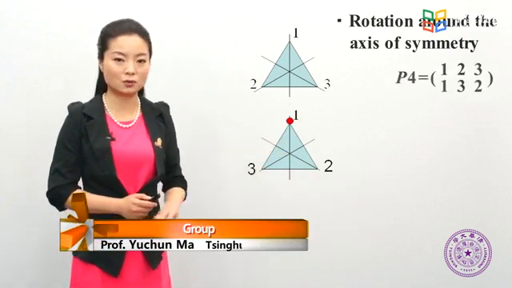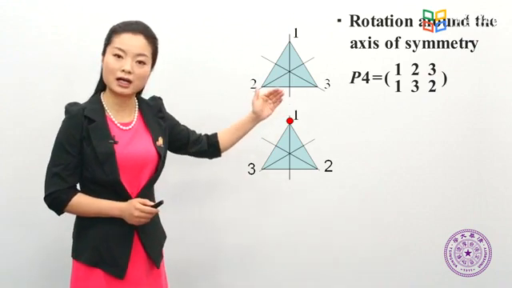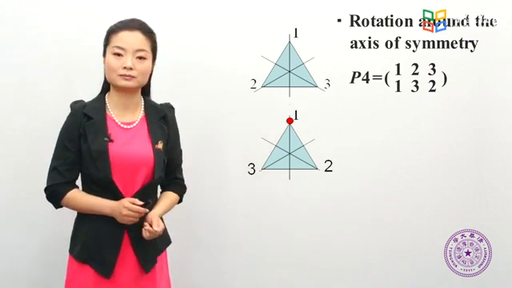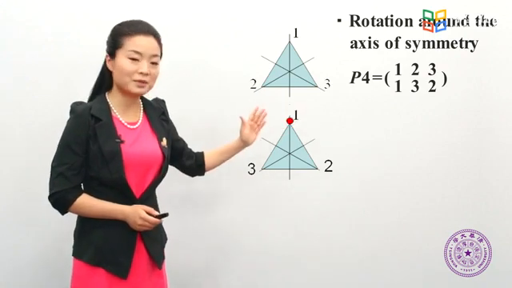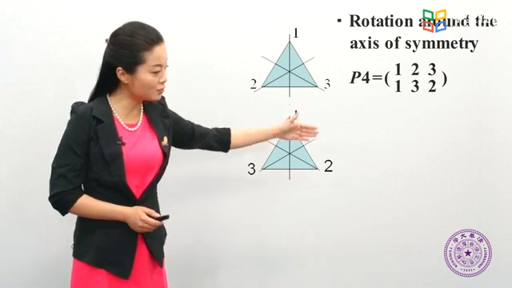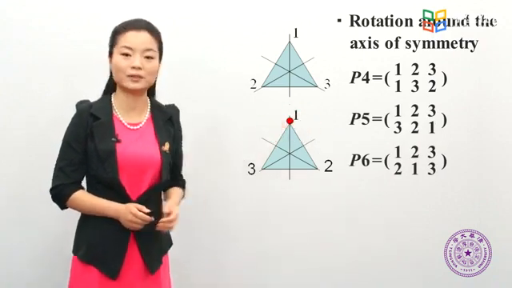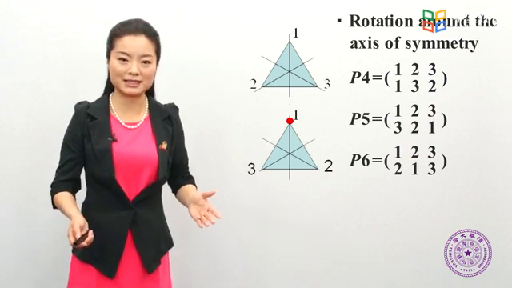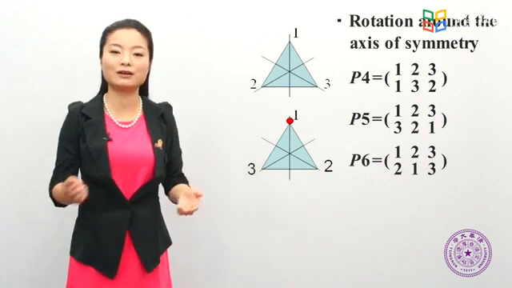For example, we fix the point 1, and point 2 and point 3 are exchanged. Then it will produce a new permutation, which is 1 is still 1, but 2 is transformed into 3, 3 is transformed into 2. Point 1 is fixed, corresponding to P4, and if we fix point 2 and fix point 3, we will get P5 and P6 correspondingly.